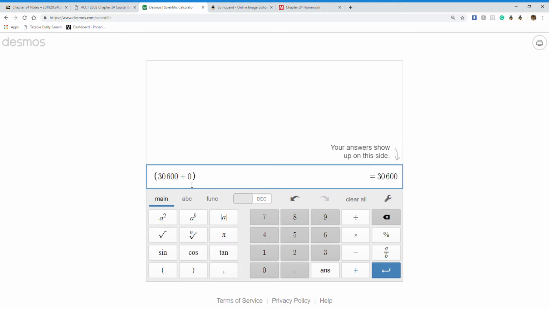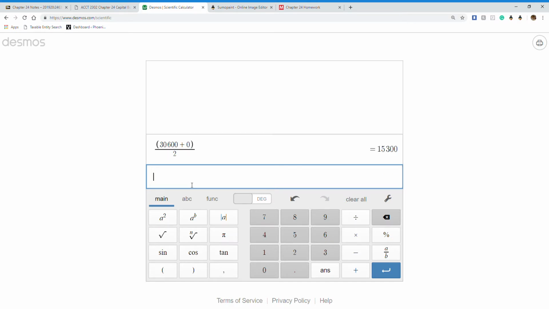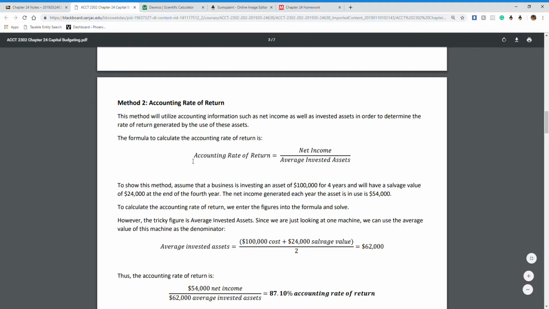Close it, and then divide by 2. This will give you your average invested assets, which happens to be 15,300. And from there, according to our notes, we now take the net income and divide it by the average invested assets.